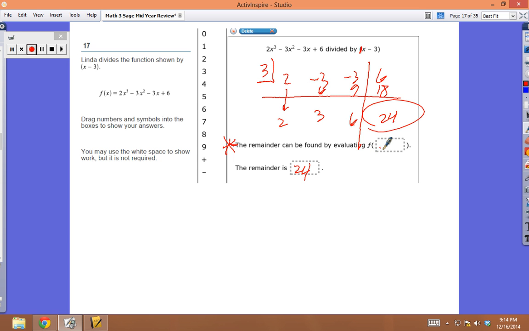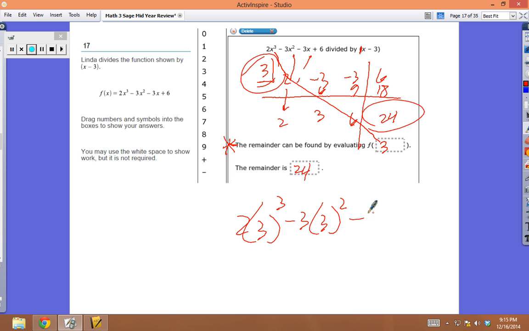If you were to plug in 3, the number that goes in the box, for these x's, so 2 times 3 cubed minus 3 times 3 squared minus 3 times 3, that will give you a 24. So the remainder theorem says whatever you put in this box, if you plug it into the function, it will spit out the remainder.